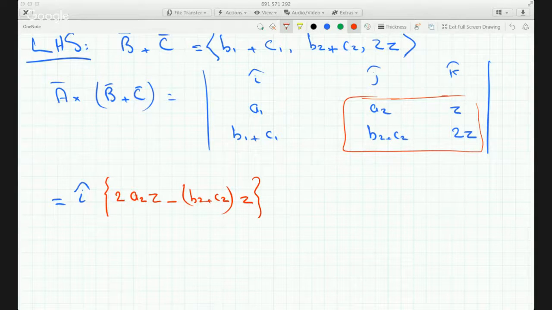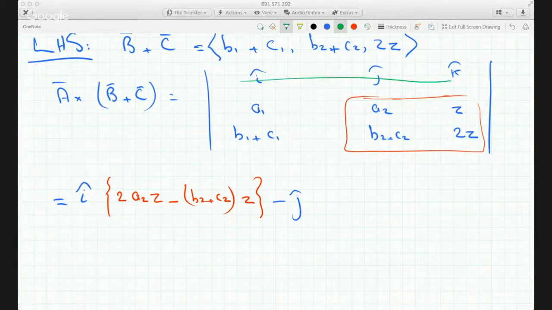And then we'll go to the j component. Minus j. And now you hide the jth column and the jth row. So if you do that, you'd hide this and this, right?